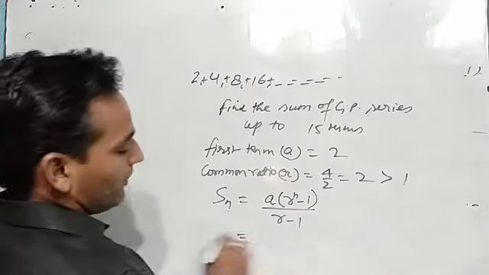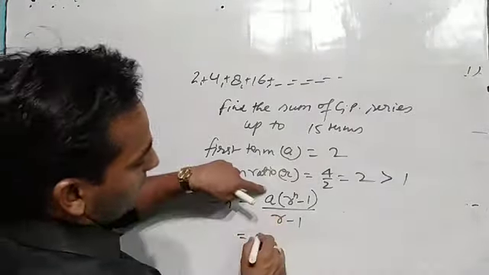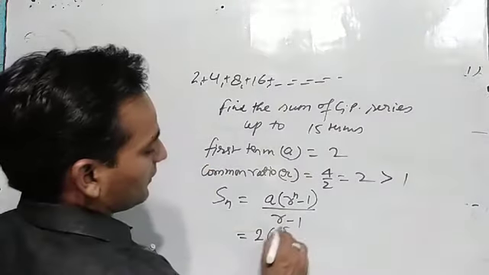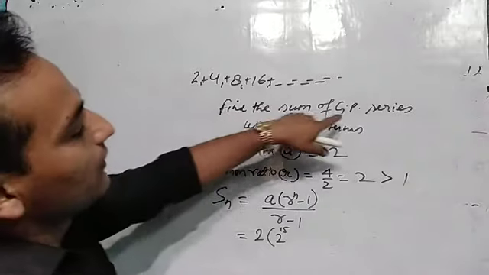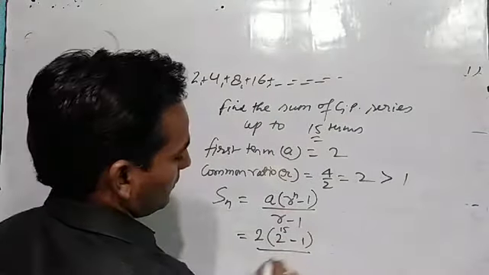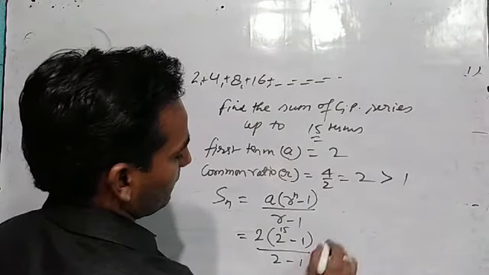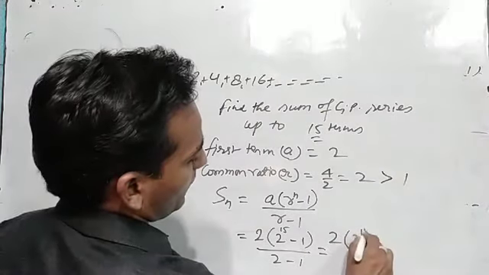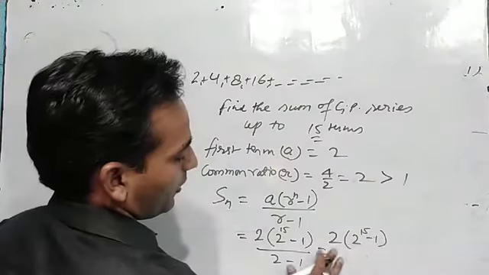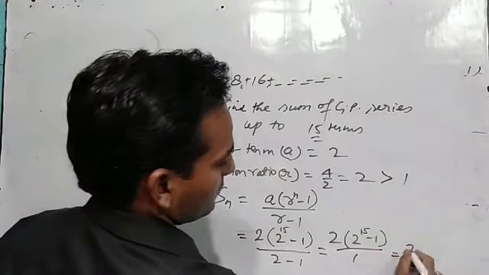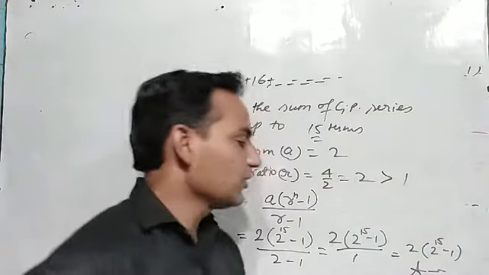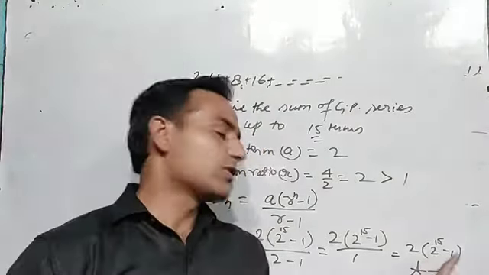So put the values in the formula. a we have got 2, r power n means 2 power 15, because we have to find the sum up to 15 terms, minus 1 upon 2 minus 1. So it will be 2 power 15 minus 1 upon 2 minus 1, which is 1, so upon 1 will be cancelled. So 2 power 15 minus 1. This is the answer.